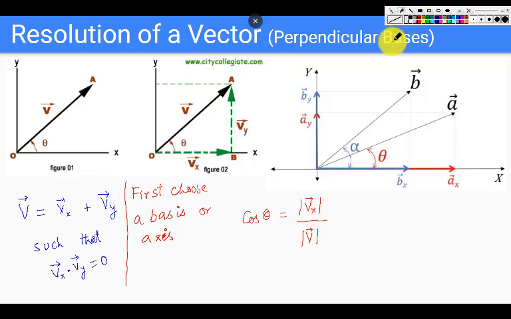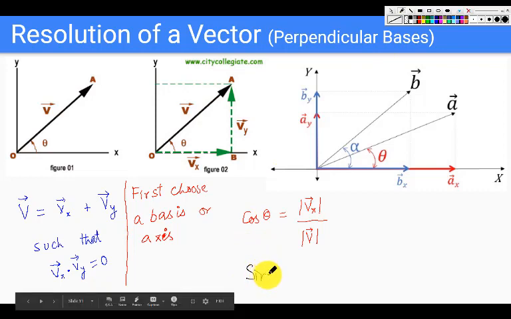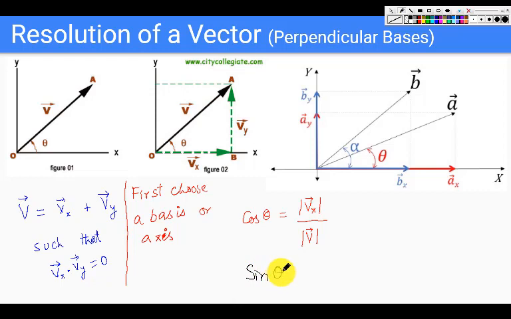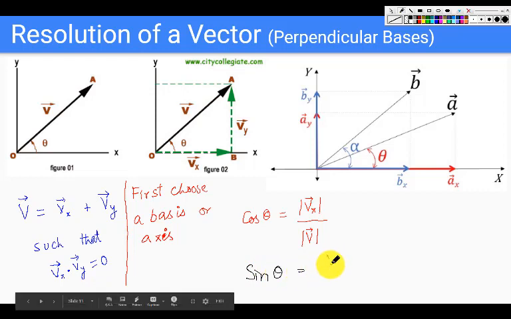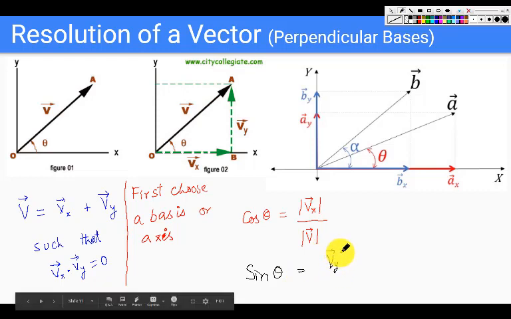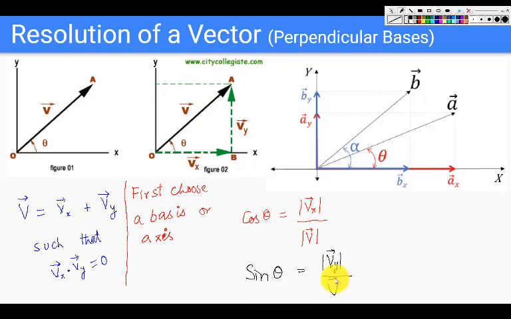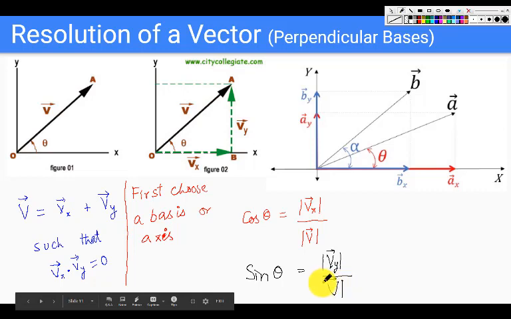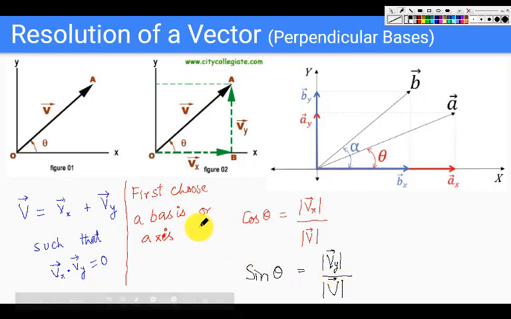Similarly, we can also say that sine of theta is going to be equal to the magnitude of Vy divided by the magnitude of V. So you can already see that it's not very difficult to resolve a vector into its components if you know the direction and the length of the original vector.